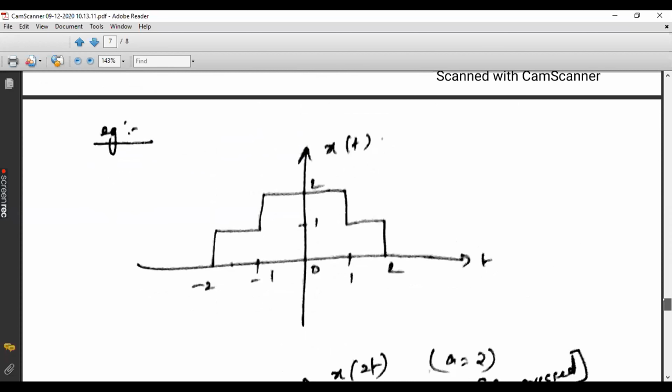I will not be showing the answer, but you need to plot x of 2t and later we can confirm whether your answer is correct or not. So x of t is given to you. You need to plot x of 2t. So a is 2. 2 means it is greater than 1. In that case, you need to compress the signal. So how are you going to compress the given signal?